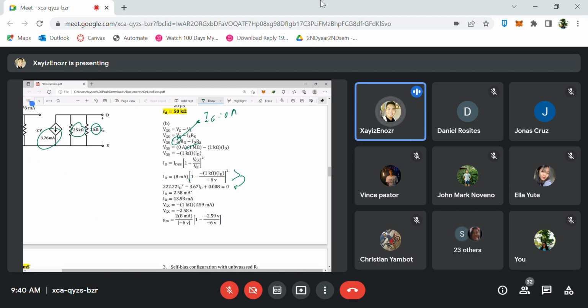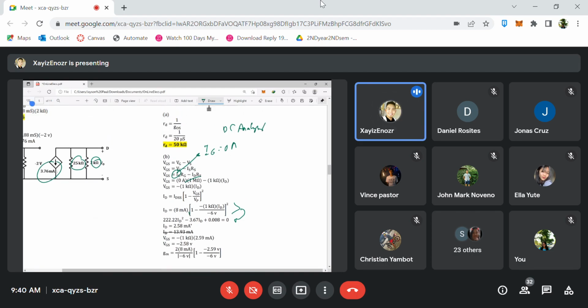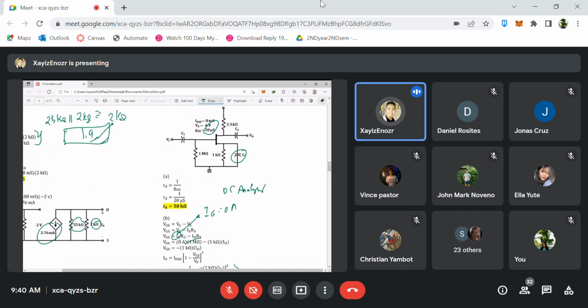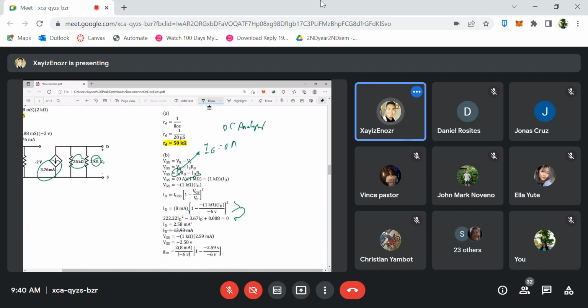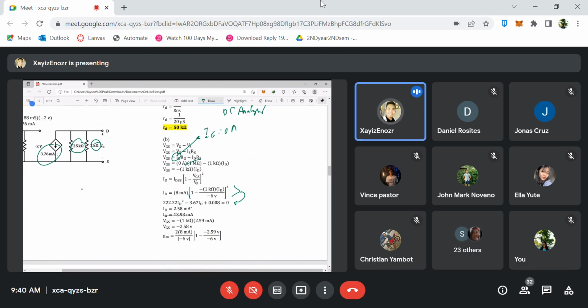So, ano bang rule natin pag meron tayong dalawang ID? Titignan natin yung value ng IDSS. Kailangan hindi siya lalagpas sa IDSS since ang IDSS natin is 8 milliamperes lang. So we can now cancel out yung 13.93 and take the value ng ID as 2.58 milliamperes.